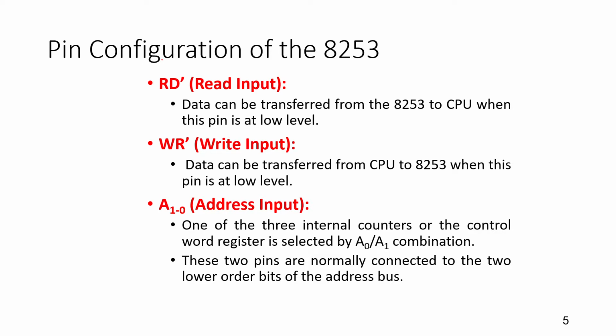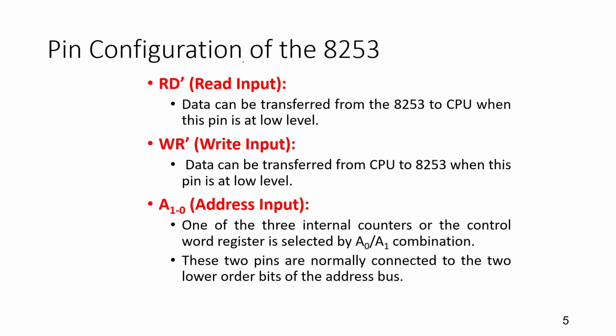The next ones are read and write. The read signal, which is the complement signal, means that data can be transferred from the 8253 programmable interval timer to the CPU when this pin is low, that is, when it is 0.